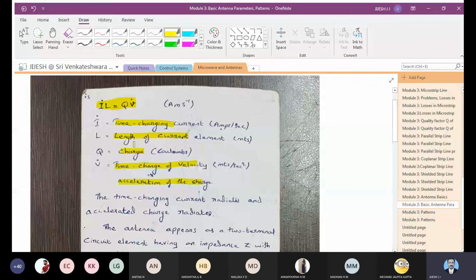Its respective units also you are quite familiar with. So this is the equation used to find out the radiation: I dot L is equal to Q V dot. The dot indicates that it will be a differentiation. So I dot is the time changing current, L is the length, Q is the charge, and V dot is the acceleration.